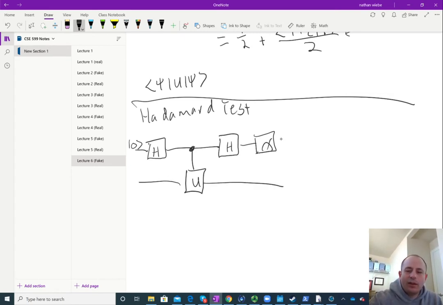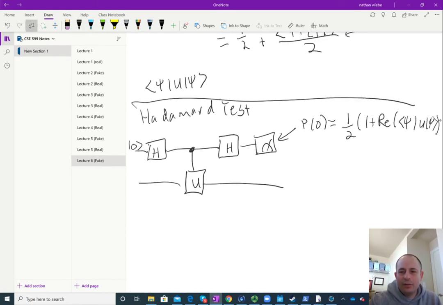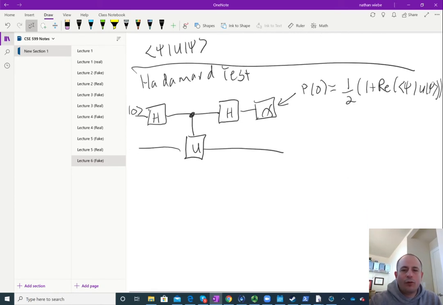Okay. My claim is that the probability of 0 is equal to 1/2 of 1 plus the real part of the expectation value of u over here.